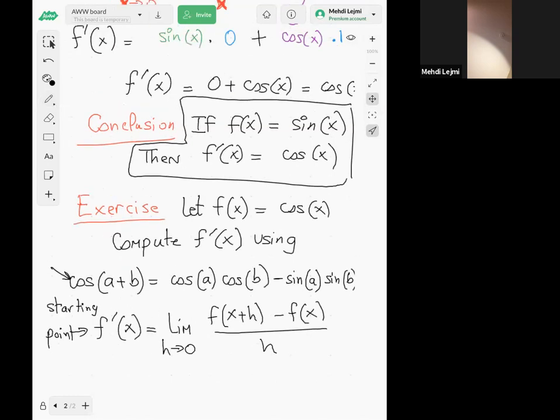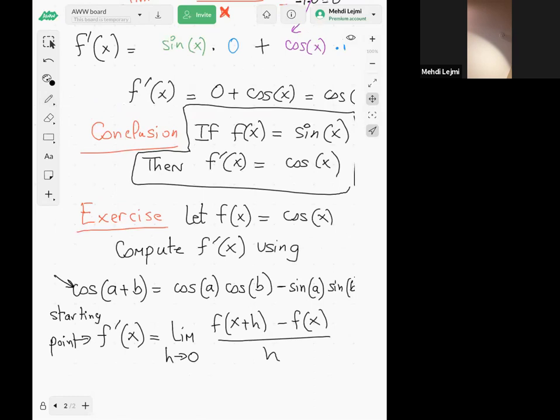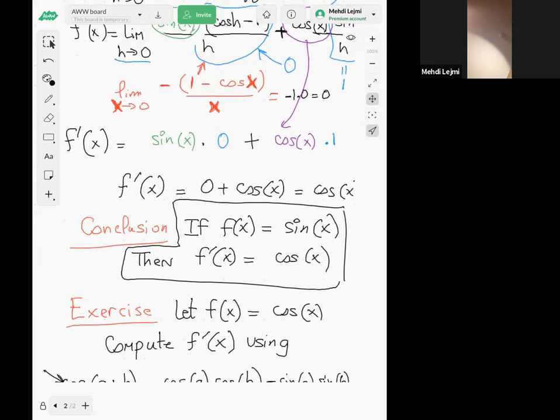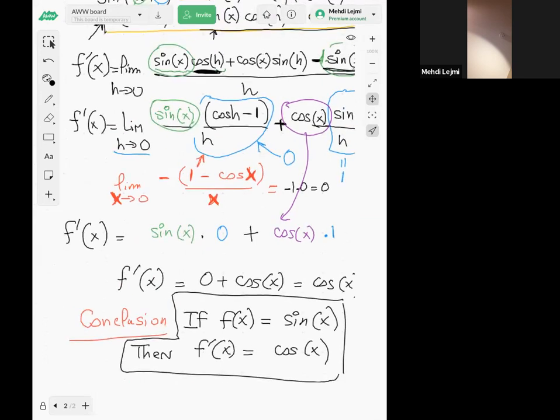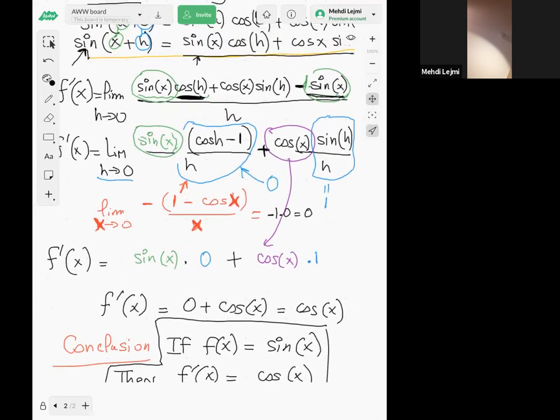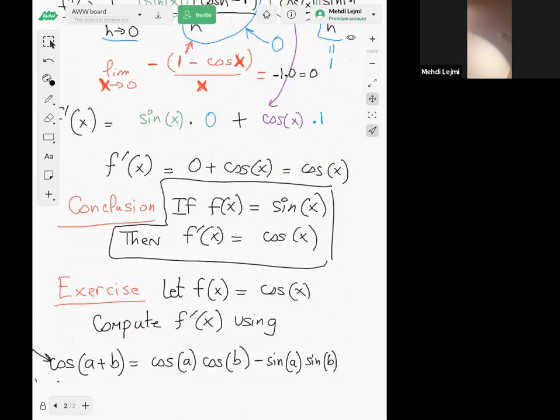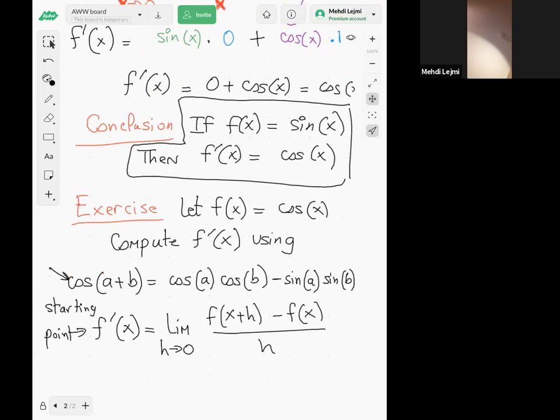So I'm going to give you a couple of minutes to think about this derivative of cosine. Try to follow the same steps as what I did for sine of x. And of course you're going to need the two limits.